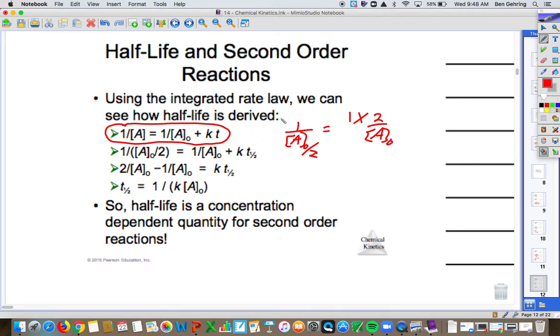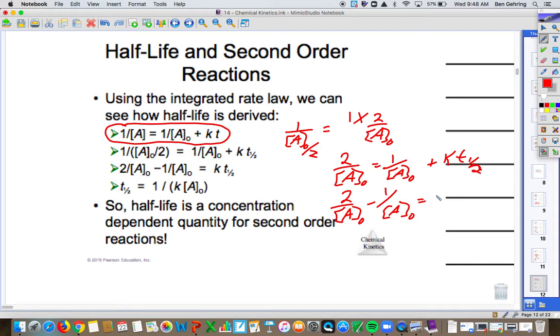And so that's where we're going to flip that. So we get 2 over the concentration of A naught equals 1 over the concentration of A naught plus kt to the 1/2. So if I subtract my 1 across, so I take 2 over the concentration of A naught, because my denominators are the same, I can subtract those, equals kt to the 1/2.